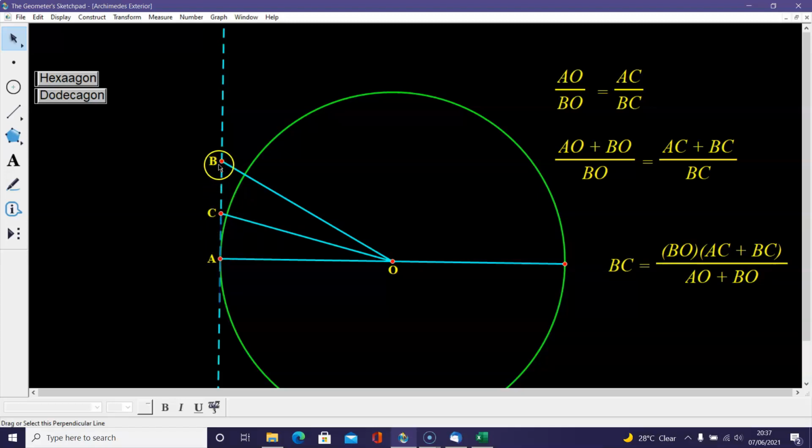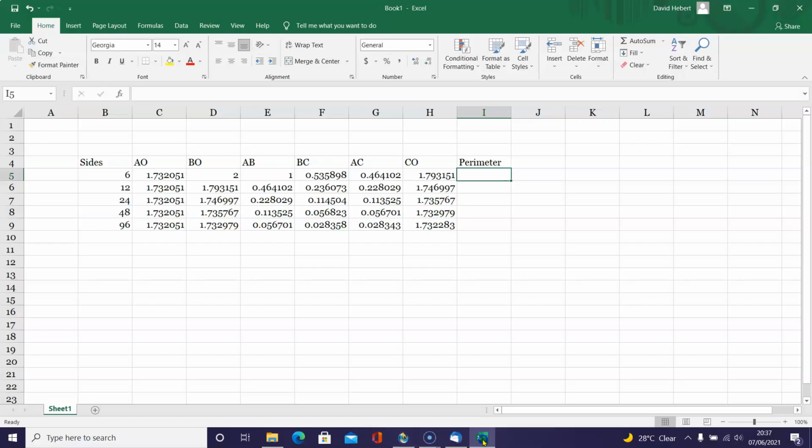And AB represents 1/2 of one side. So for perimeter, I'm going to put in A to B, which is 1, times 2 to get the full side, times the number of sides. And that gives me the perimeter of my hexagon around this circle.